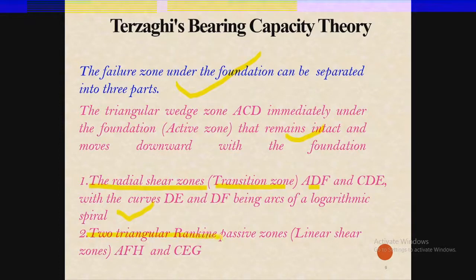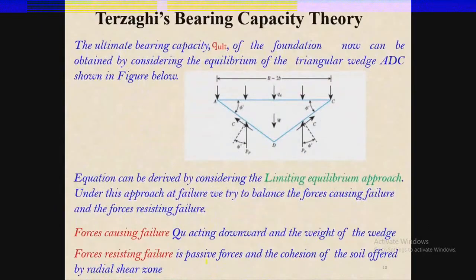Two triangular passive Rankine zones, also known as the linear shear zones, AFH and CEG. Now let us derive an equation for the Terzaghi bearing capacity theory.